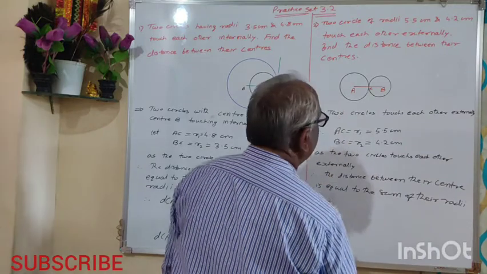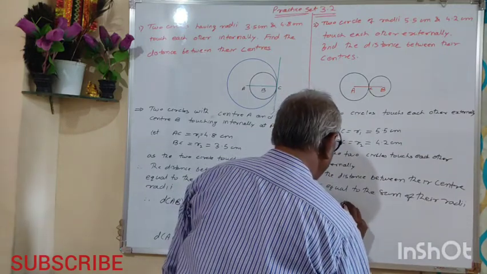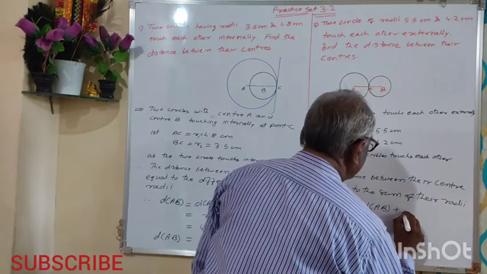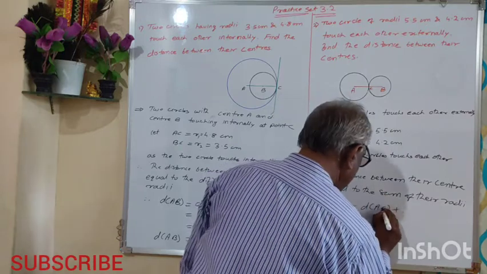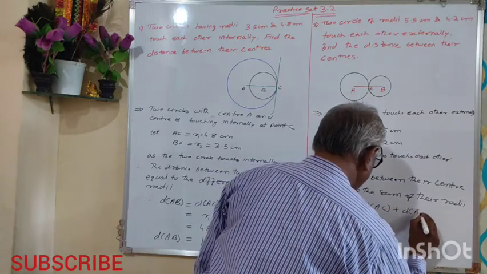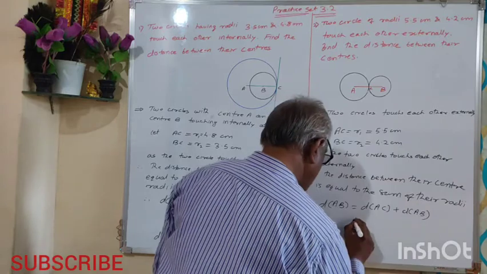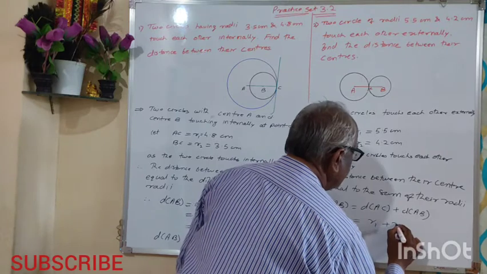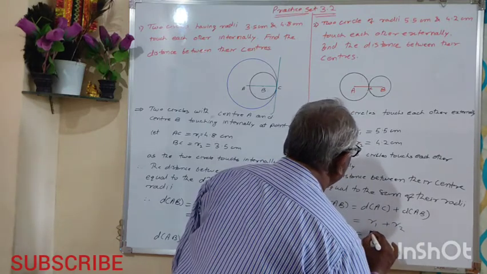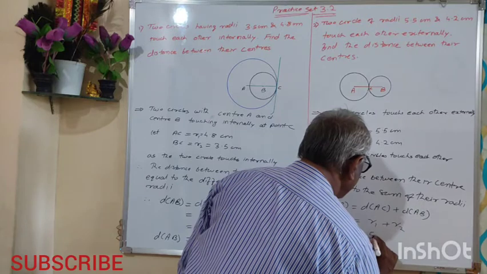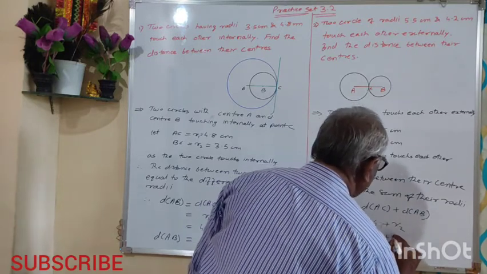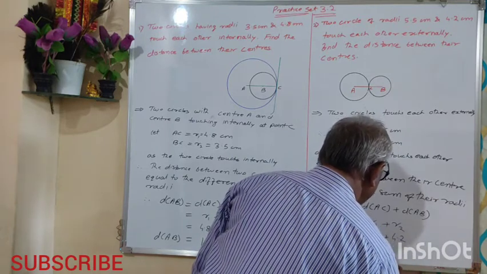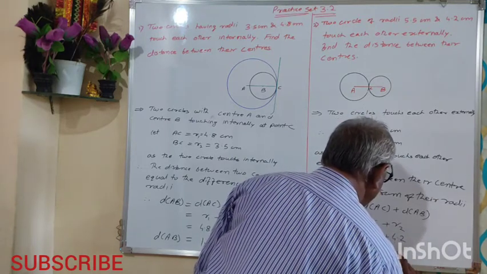Therefore, distance AB is equal to distance AC plus distance BC, which is R1 plus R2, which is equal to 5.5 plus 4.2, which is equal to 9.7 centimeter.